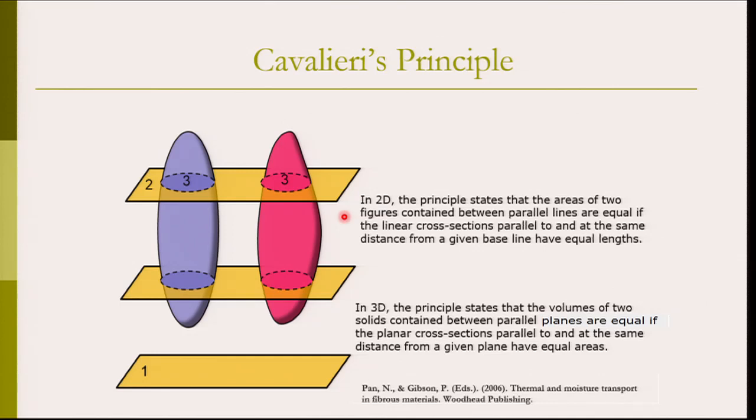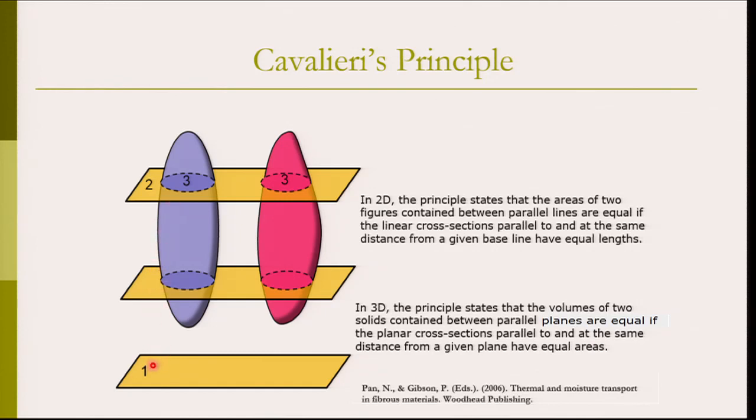So, what we mean by this is, if we have 2 objects, as you can see, there is a purple one and then there is a red one, and there are 2 planes, and the plane is defined by number 2 and the objects are defined by number 3. Then from a fixed plane, obviously the height is constant.